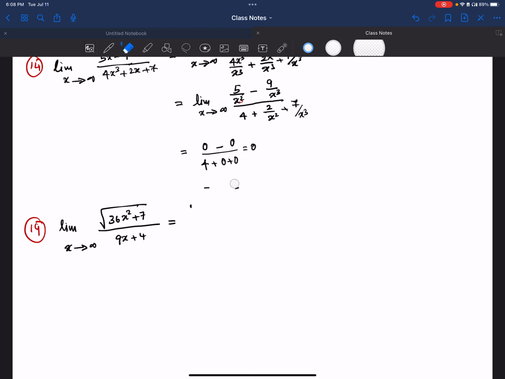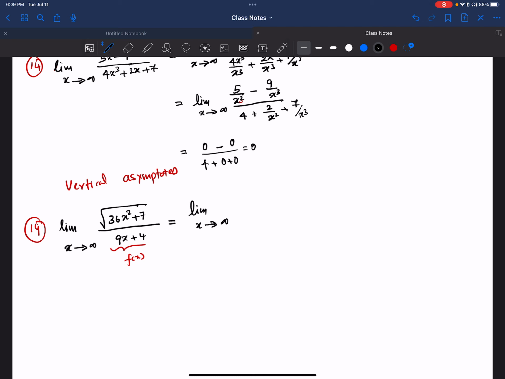Limit as x goes to infinity. What we have to find is the horizontal asymptote, so we need to find what happens when x goes to positive infinity and negative infinity of this function f of x.